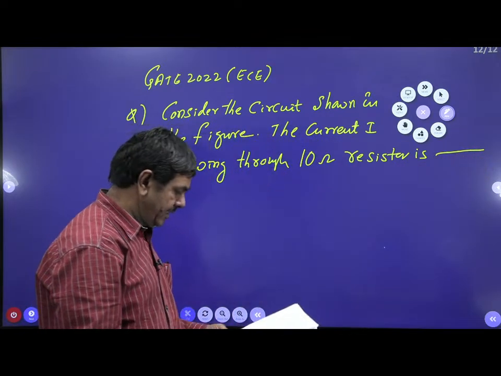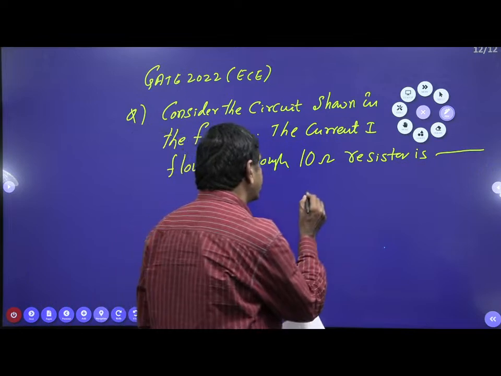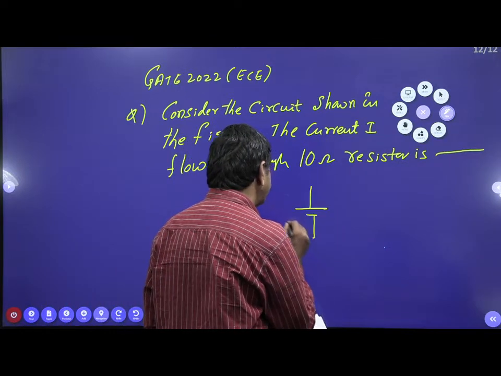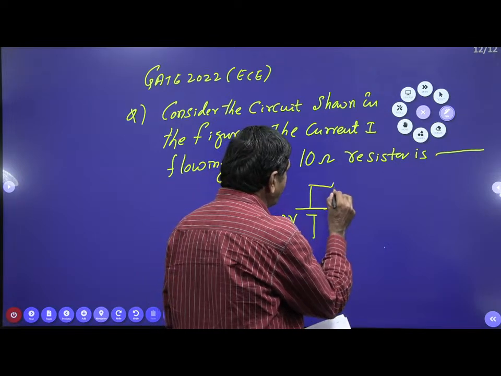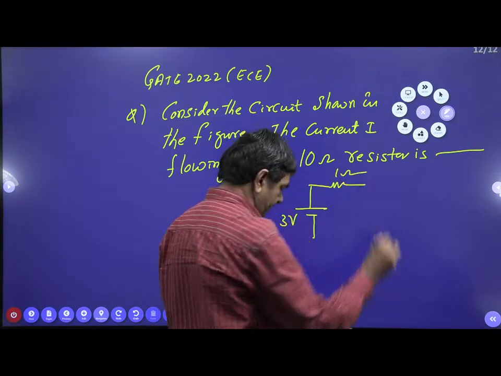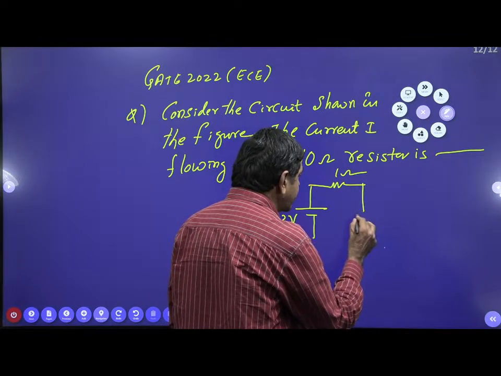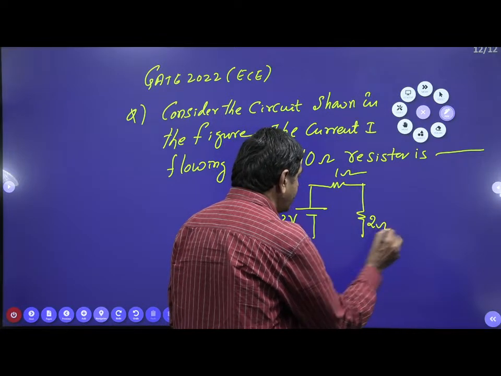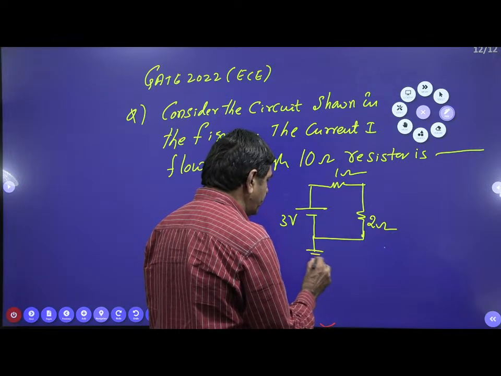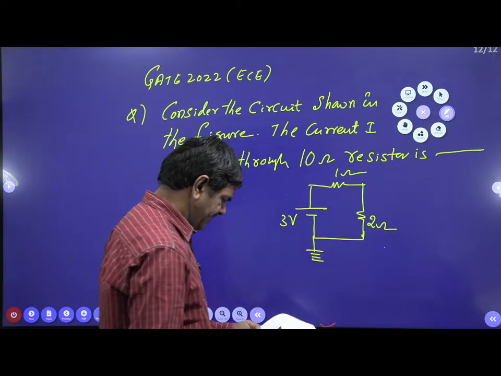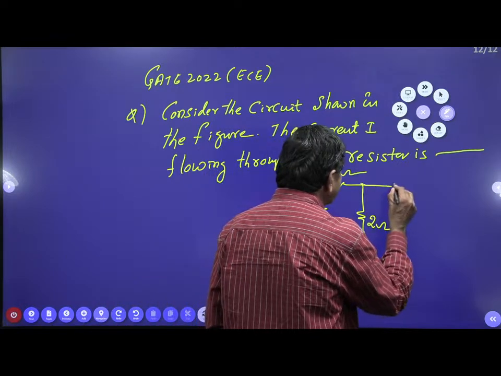And here the network is given like this. There is a battery, 3 volts, connected with a 1 ohm resistor, and here connected with a 2 ohm resistor, and this is connected to the ground. Here the 10 ohm resistor is connected.